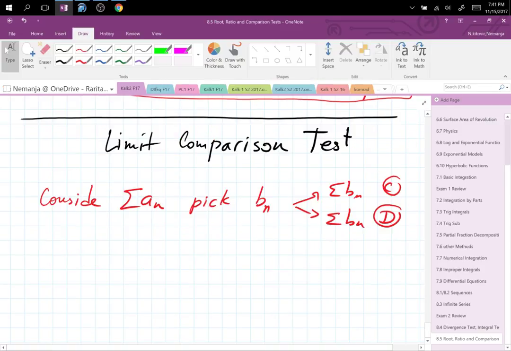Once you pick that BN, limit comparison says the limit as n goes to infinity of AN over BN can be one of two things.